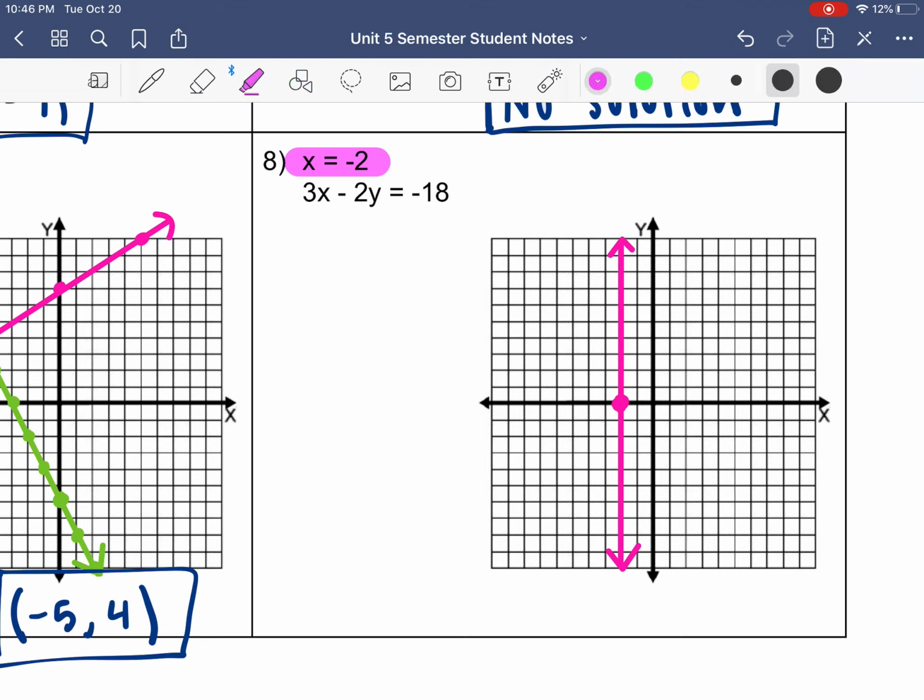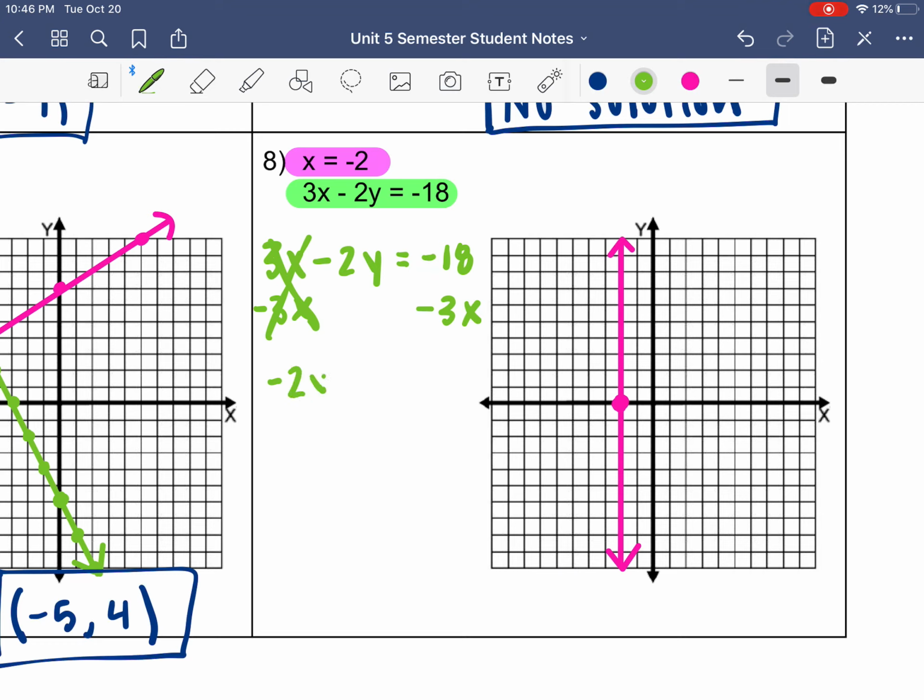And then we just need to graph 3x minus 2y equals negative 18. Feel free to pause and try to get y by itself before you check with me. We have 3x minus 2y equals negative 18. Move the 3x by subtracting. Negative 2y equals negative 3x minus 18.